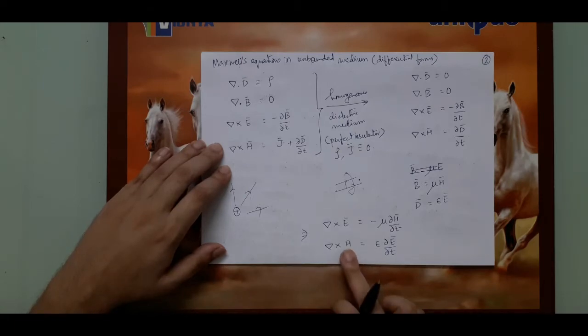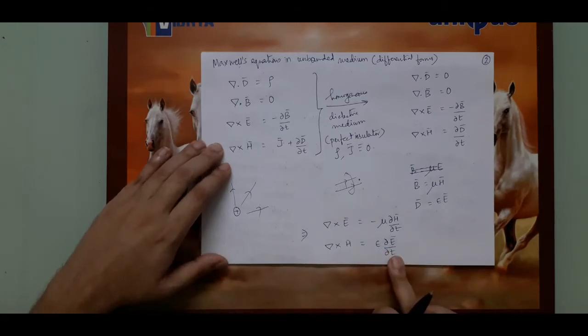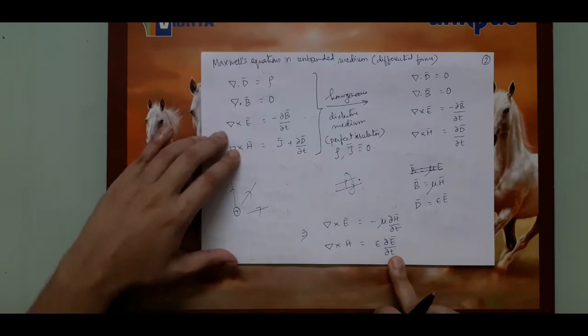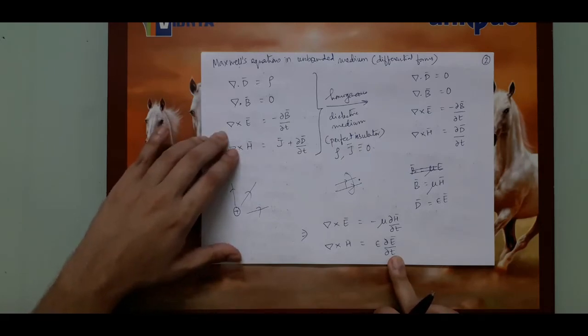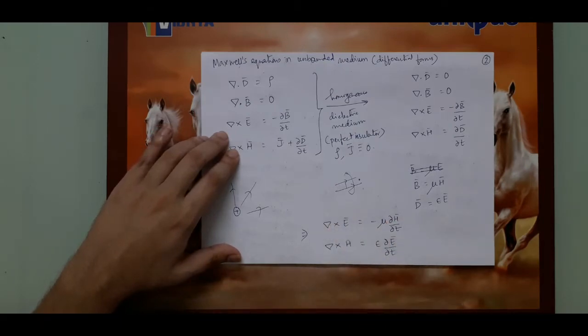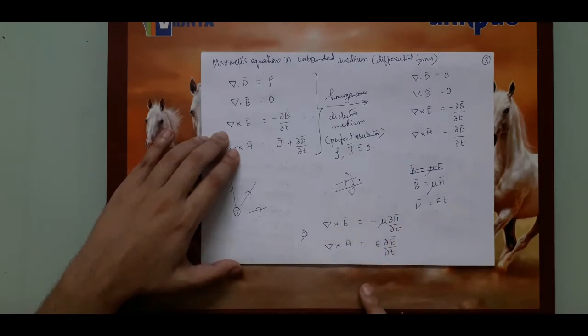And here we have a space differential of the magnetic field which is giving us a time differential of the electric field. So if you recall, when we were discussing transmission lines, one of the very first results that we had got using the per unit length parameters of the line RLGC, we saw that we get a pair of coupled differential equations which have to be solved together. So therefore, the easiest way to do is to take another derivative of each.